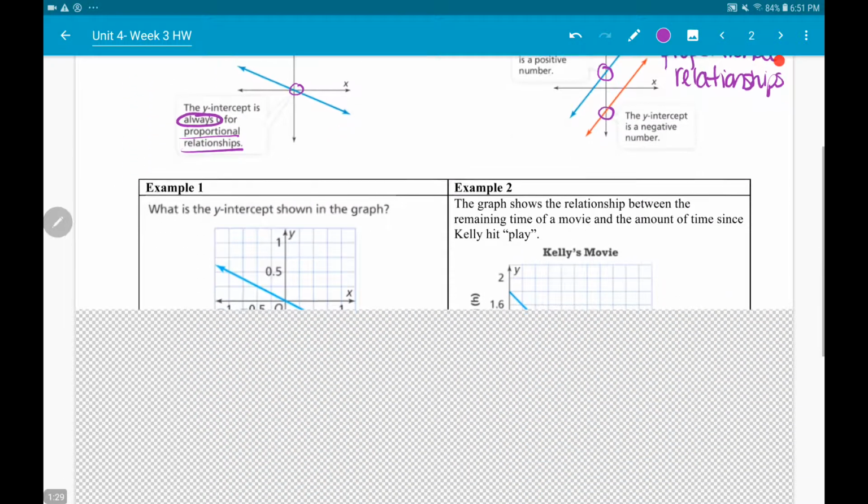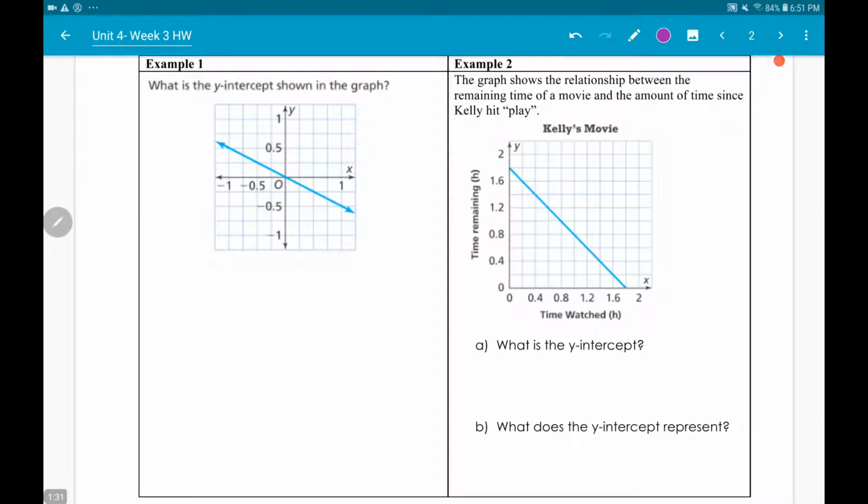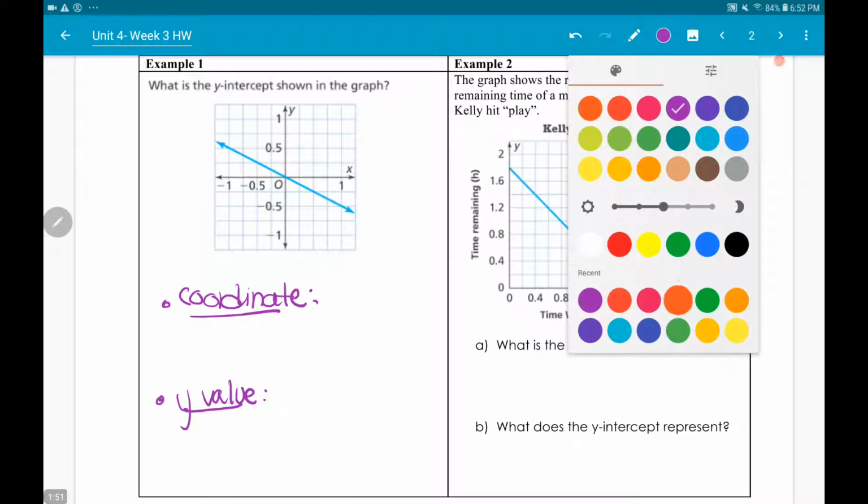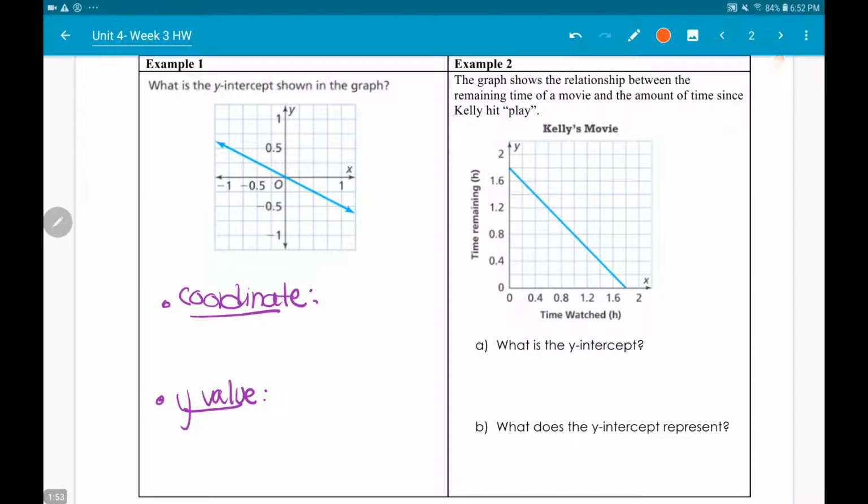All right, so let's take a look at example 1. What is the y-intercept shown in the graph? So we think of the y-intercept as 2 mini steps. First, you want to think of it as the coordinate. And then we're going to think of it as the y value. When I think about the coordinate, I want to make sure I'm circling it on the graph. So I see where it crosses the y-axis, and remember the y-axis is the one that goes up and down.